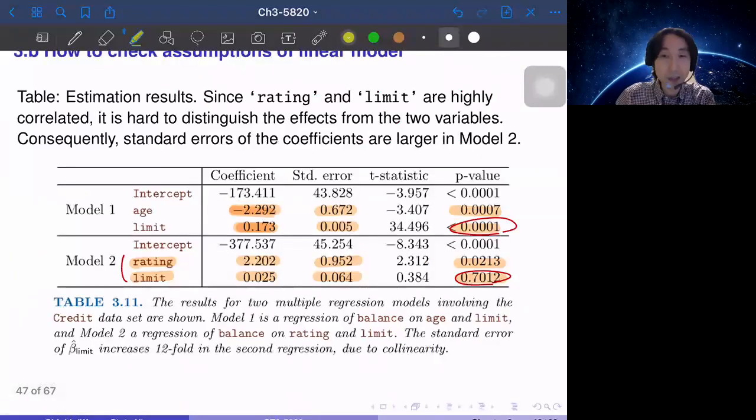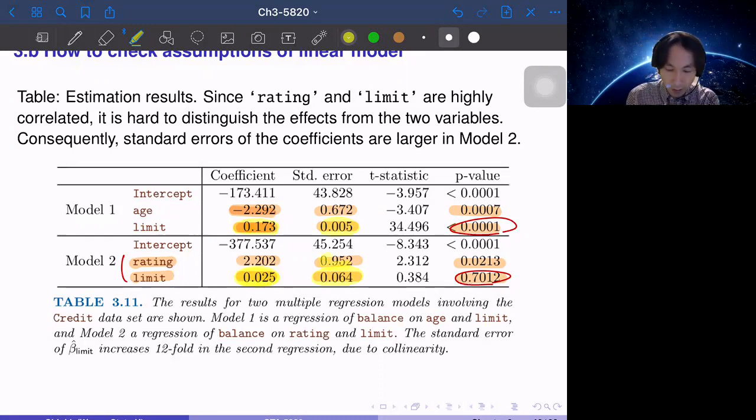You can see that problem in this linear regression output. If we look at the coefficient of the credit limit, the second model has a much smaller coefficient, and the standard error is much inflated. So we cannot identify this standard error well.